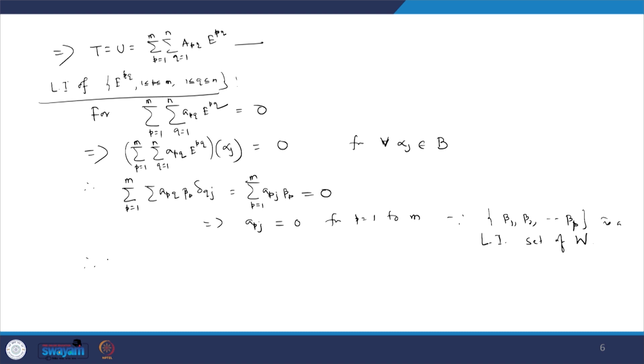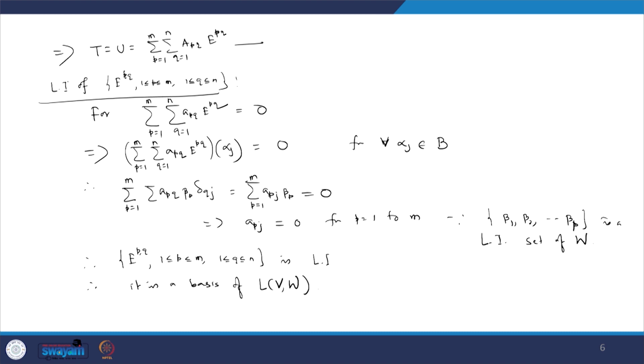So this implies that if I take a linear combination of the EPQ and that is equal to 0, then all the coefficients are equal to 0. So EPQ, 1 less than or equal to P less than or equal to M and 1 less than or equal to Q less than or equal to N, is linearly independent. So it is a basis of L(V,W).